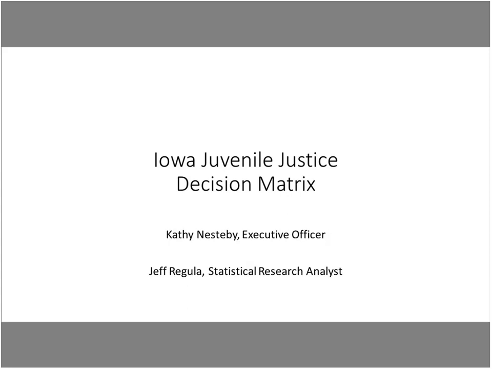In short, the decision matrix is a type of structured decision making which uses historical data to determine the level of supervision and the intensity of services that are likely to be most successful with youth in the present and future.